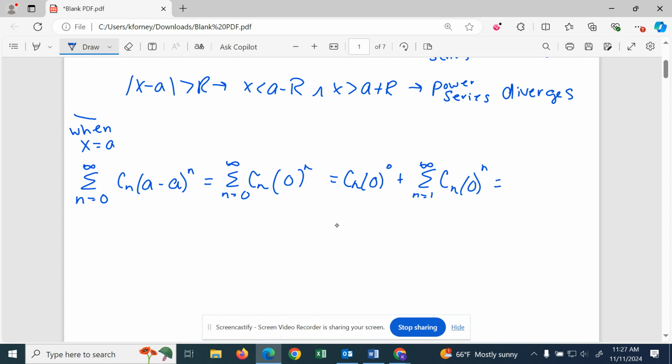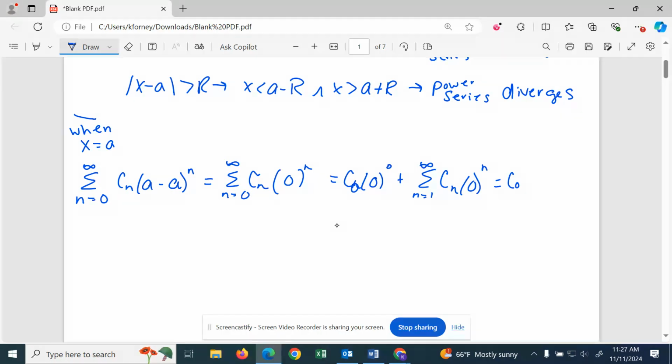Hold on, this should be c sub 0, because this is the 0 term. So 0 to the 0 is 1. By definition, anything to the 0 power is 1.